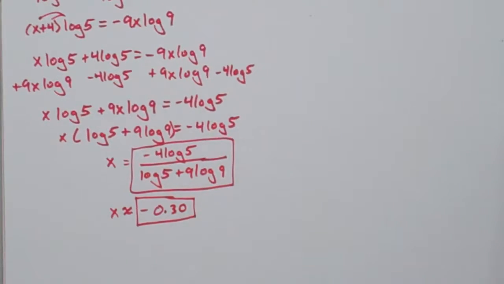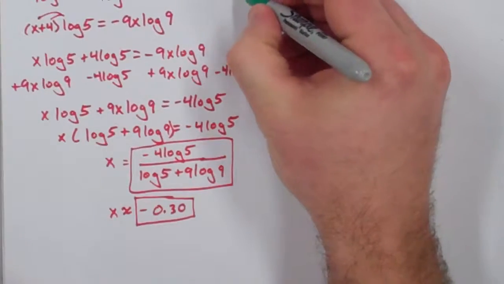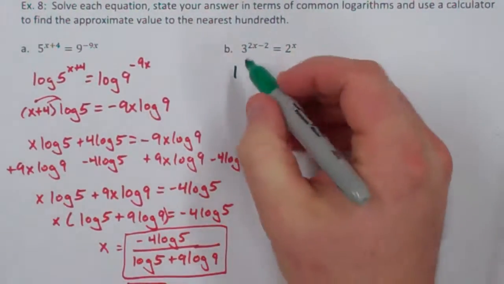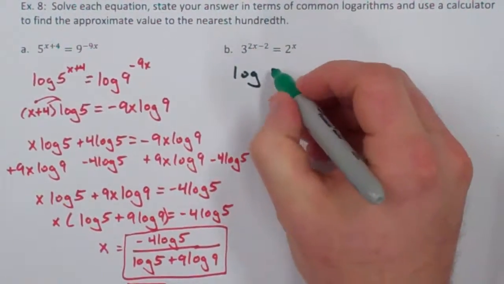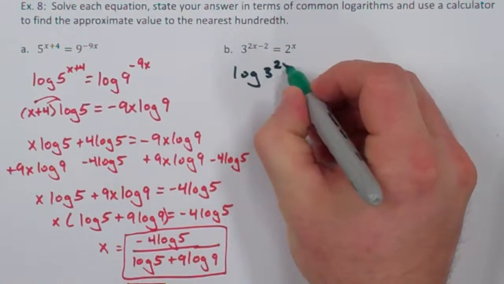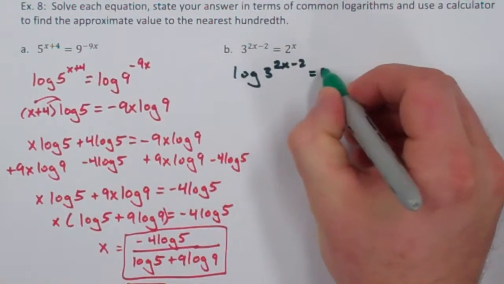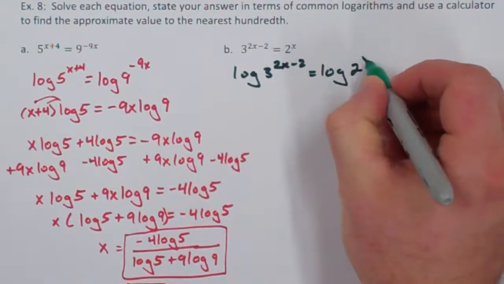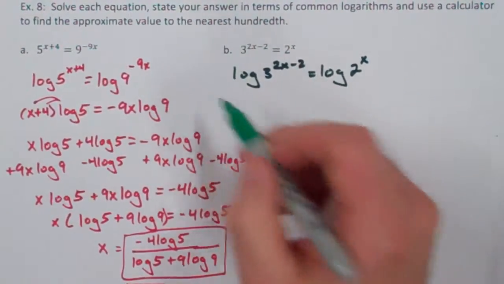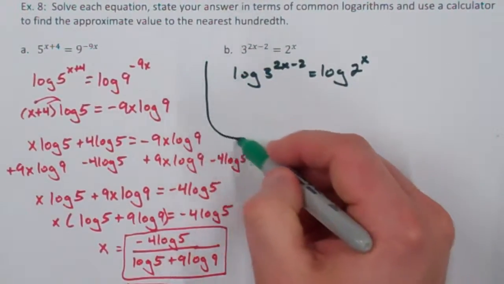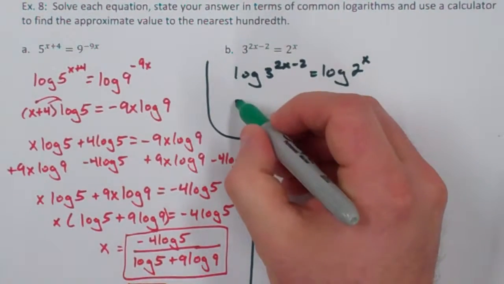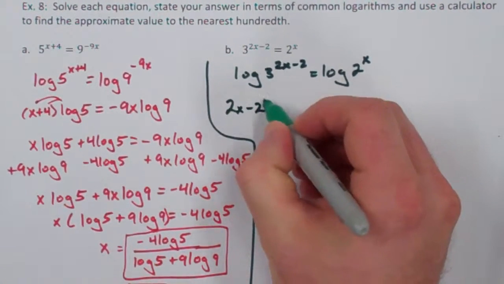To work with the right side, we're going to need to do something that's very similar. We can just take the logarithm of each side, and we can pull those exponents out to the front. So we'll have 2x minus 2.